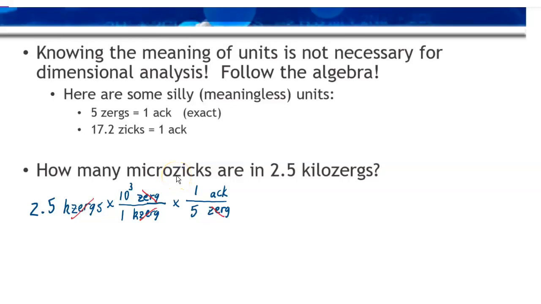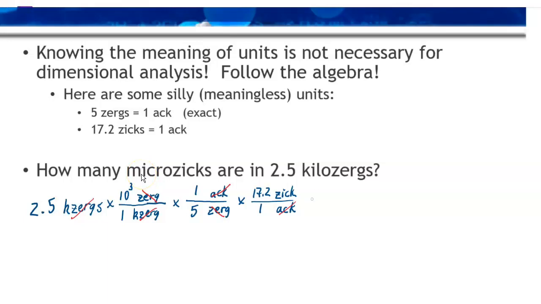I want microziks. So I'm now going to set up a conversion that cancels out the ACK here. So I want ACK in the denominator. And my conversion is 17.2 ziks per ACK. I'm going to put ziks in the numerator. 17.2 goes with the zik. And 1 goes with the ACK. And now I've gotten rid of the ACK unit. And now all I have to do is convert to the microziks.